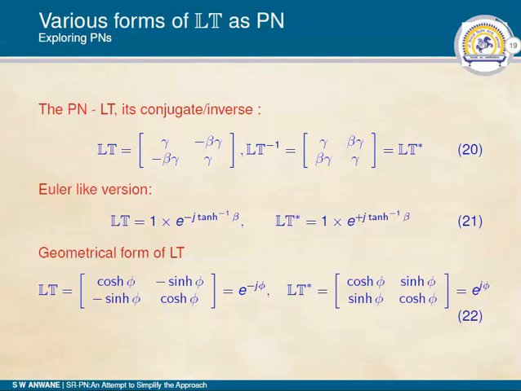So this slide represents various versions of the Lorentz transformation as a perplex number, wherein it is an ordered pair gamma, minus beta gamma, or it is 1 into e to the power minus j times tanh inverse of beta, or in the geometrical form it is the ordered pair cosh phi, minus sinh phi, which is in fact equal to e to the power minus j phi.